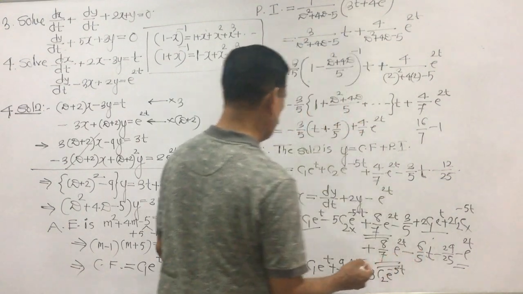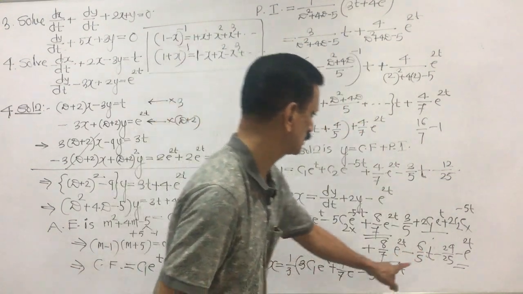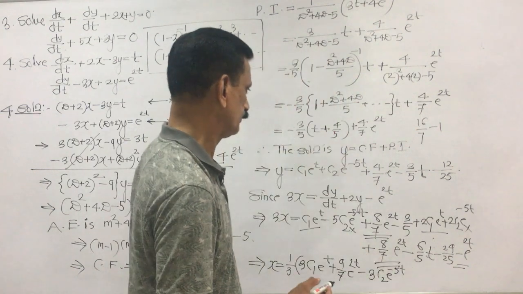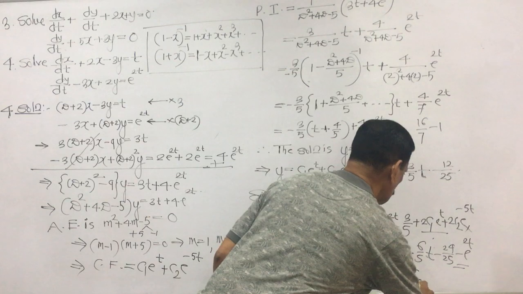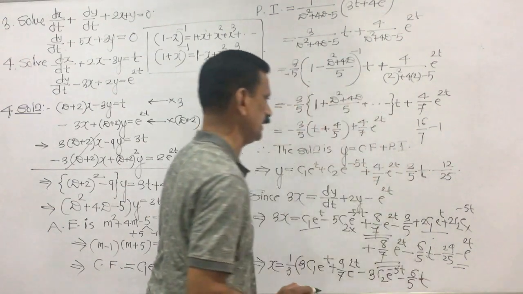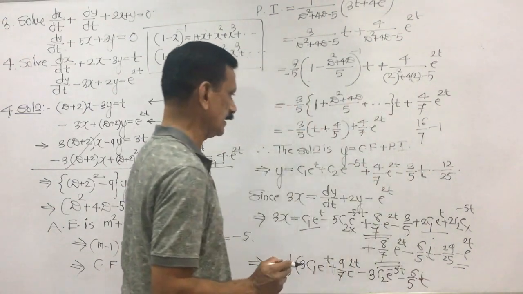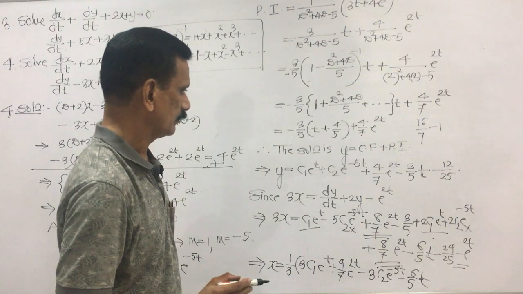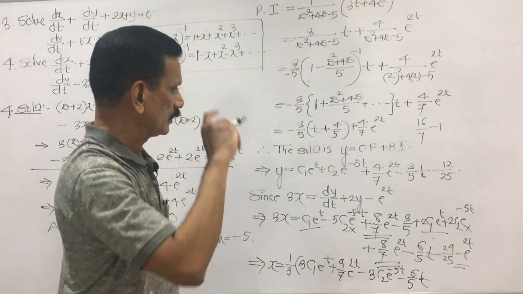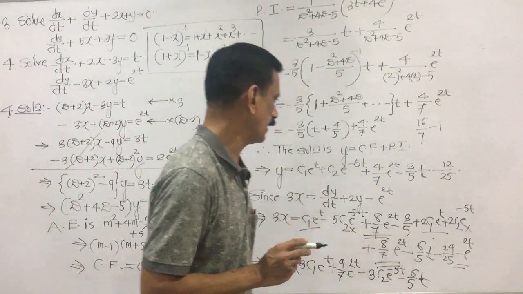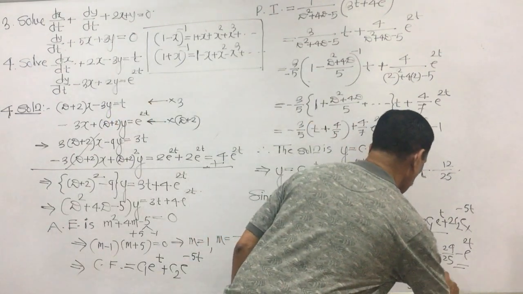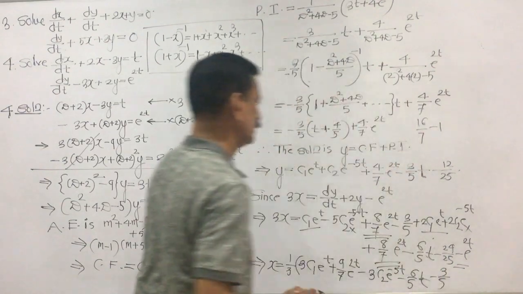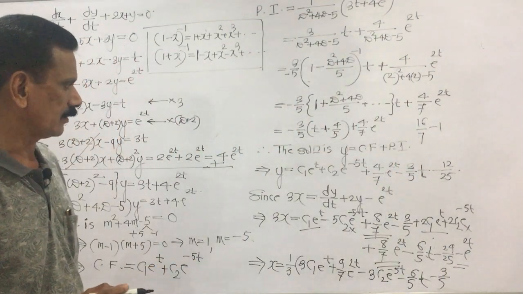We have, my dear friends, only this one term: it is minus 6 by 5 t. And lastly I write the constant term. What is that constant term? It is minus 3 by 5. Minus 3 by 5 is the only constant term.